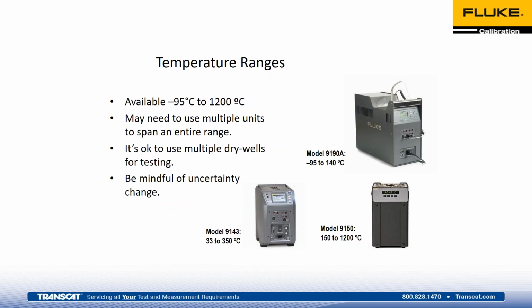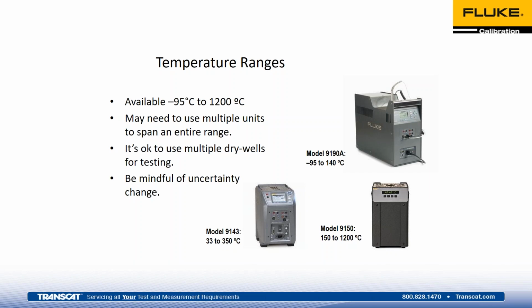All right, so in reviewing a little bit more of the dry wells, again, we talked about stability, uniformity, all that. They're great as far as a usable range. We've got them available from -95 all the way up to 1200 C. Depending upon your application, you may need to use multiple wells.